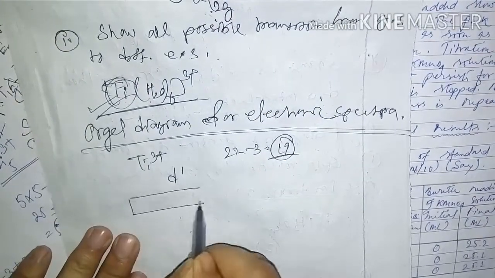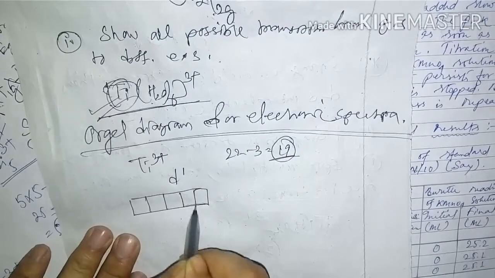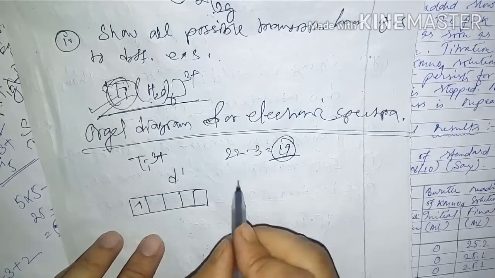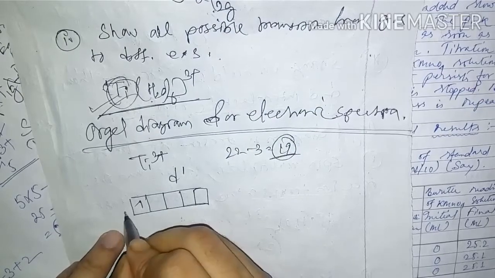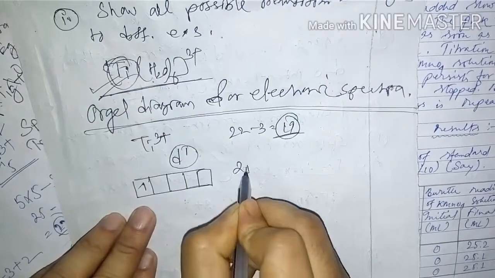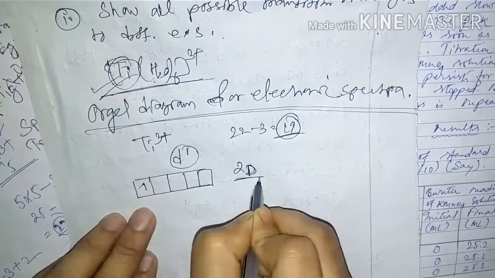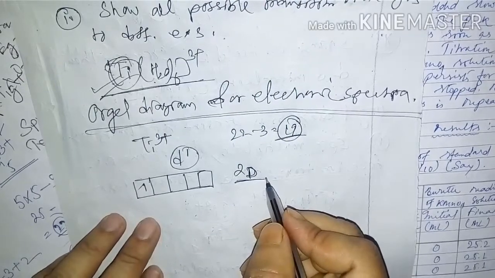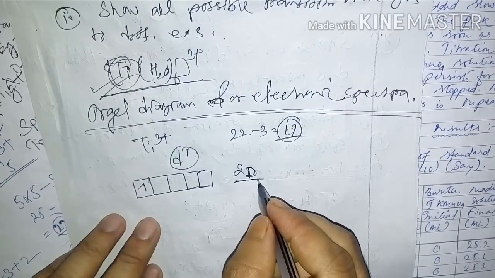That means a d1 system, with only one d electron. The term symbol for d1 is 2D. So it has only one energy term.